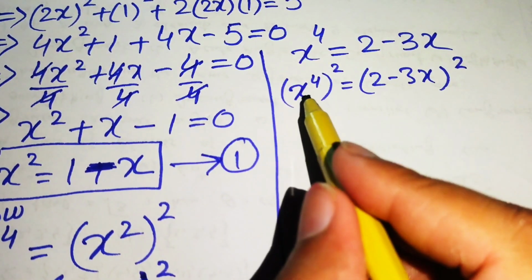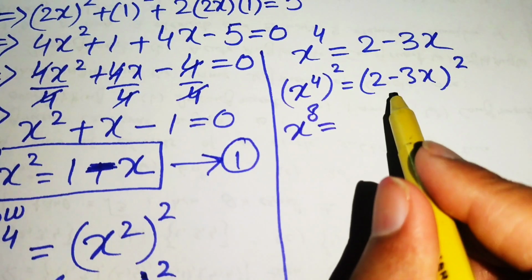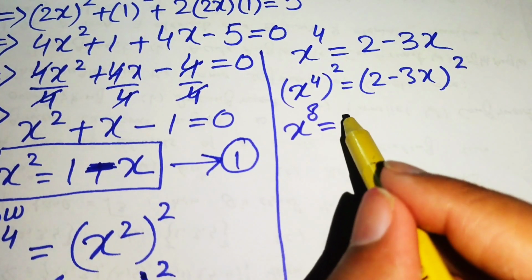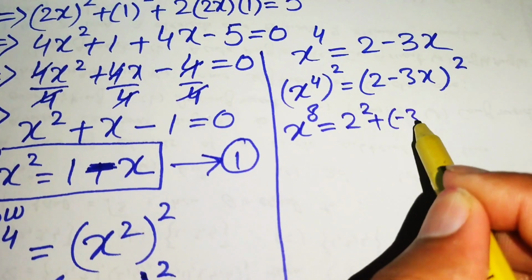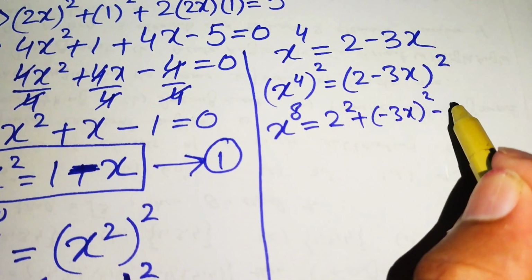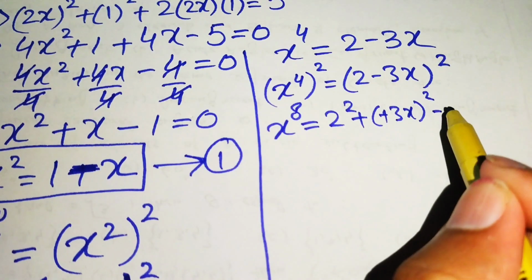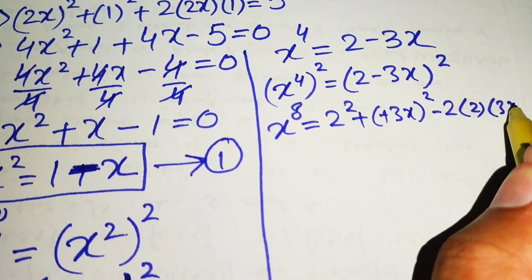When we take the square, you get x to the power of 8 equals, opening the square of this term, 2 square plus (minus 3x) square, and minus 2 times 2 into 3x.